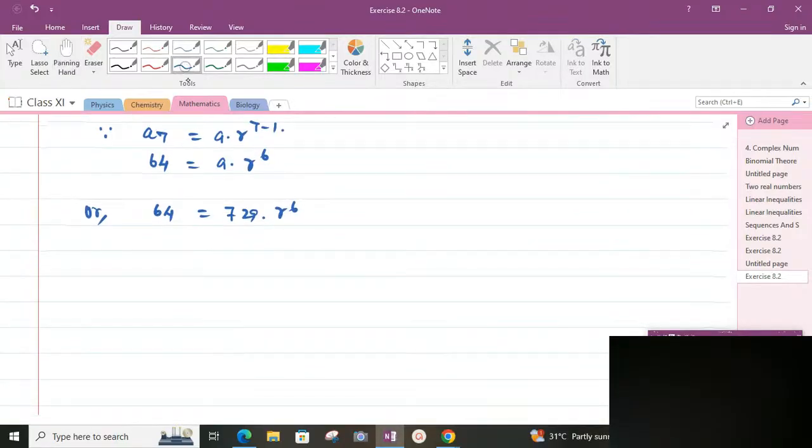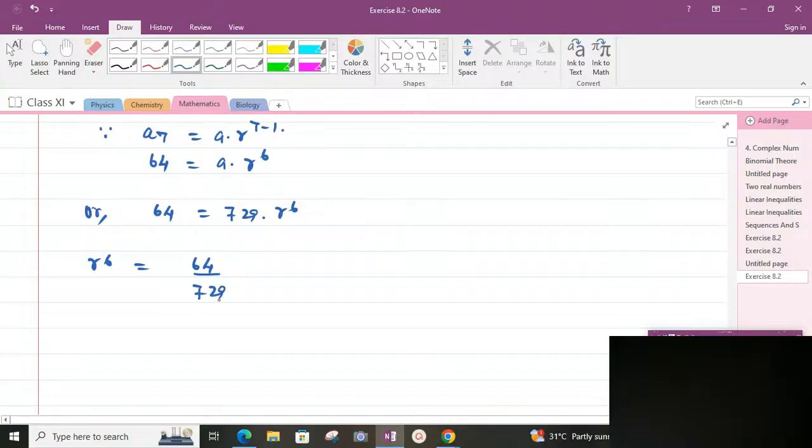So here will be r to the power 6 equal to 64 by 729. So we find out the prime factorization. So here will be 8 into 8, or 2 into 2 into 2 into 2, 2 to the 4, to the 8, 8 to the 16, 16 to the 32, 32 to the 64.